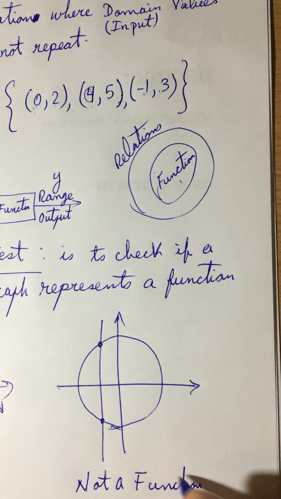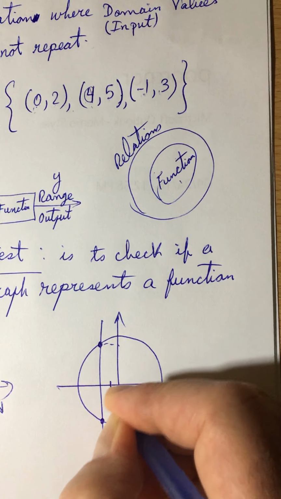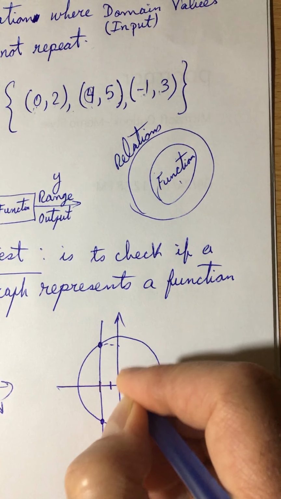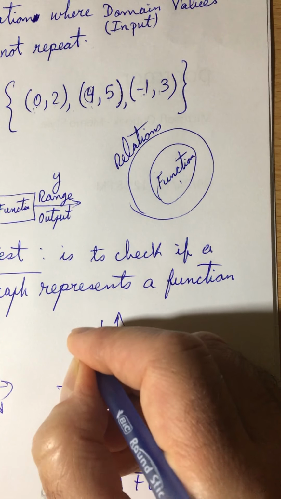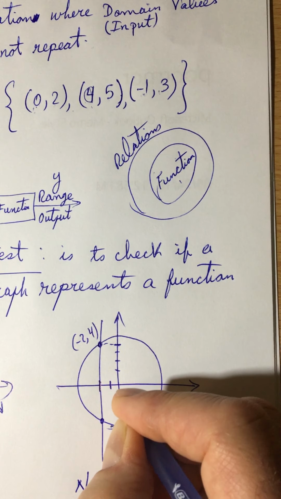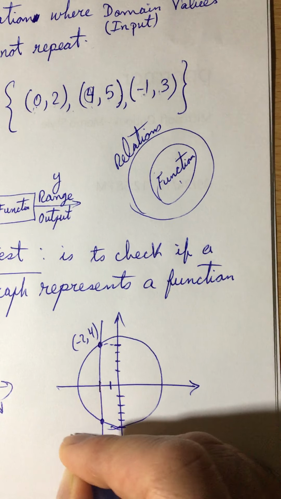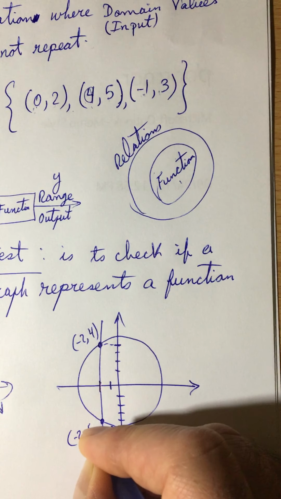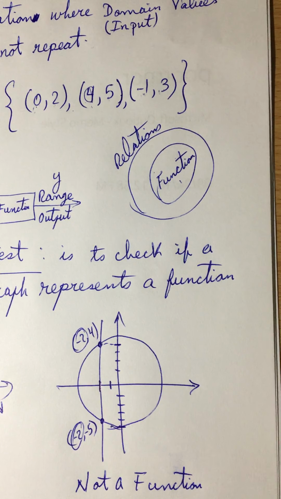Why? Because, let's say this point here, I'm just making this up. Let's say this is -2 and this is 4. So this point here is (-2, 4). And let's say 1, 2, 3, 4, 5. And this point here is (-2, -5). Notice the x values, the domain values, they're exactly the same.